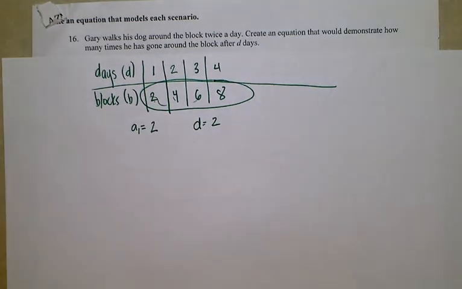Come up with an equation. At this time, use A's and N's, but we're going to switch it to D's afterwards, okay? So A's and N's, just like we've been doing.